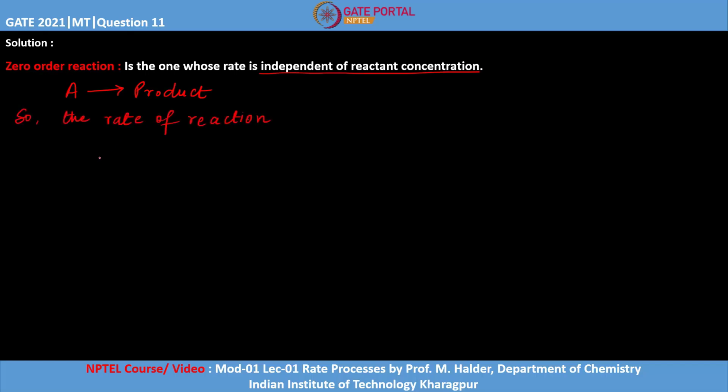So, the rate of reaction, if you write as minus dA, that is concentration of A, upon dt with a minus sign because A is a reactant here, will be equal to K into concentration of A to the power 0 because it is a zero order reaction. So finally it will be equal to K.